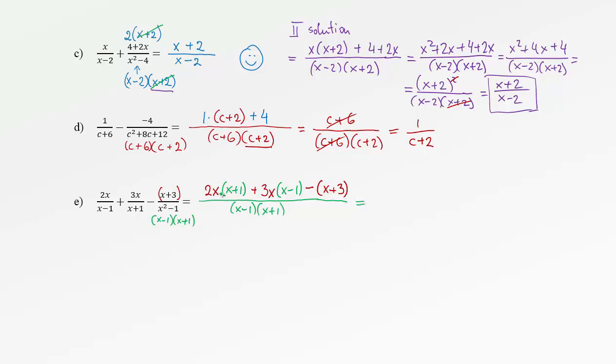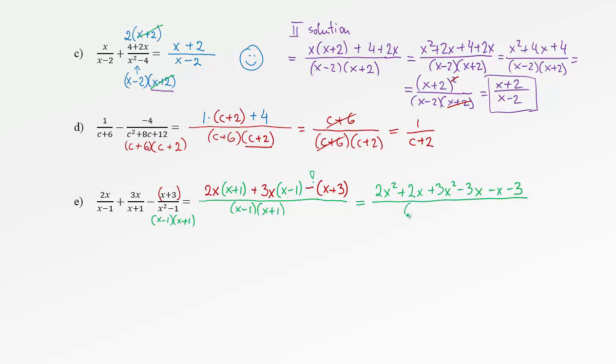Okay, the next step is already easy. We just need to release all brackets, watch the negative sign here, and combine like terms. So 2x times x is 2x squared, plus 2x times 1 is 2x, plus 3x times x is 3x squared, minus 3x. And watch those signs, negative x and negative 3.